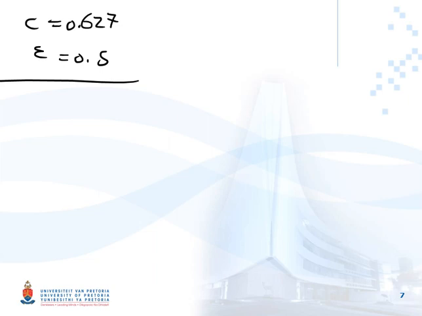So then for the epsilon NTU method, okay, now let's say we know the value of the effectiveness. We also calculated the capacity ratio. Now what we need to do is to find the number of thermal units.